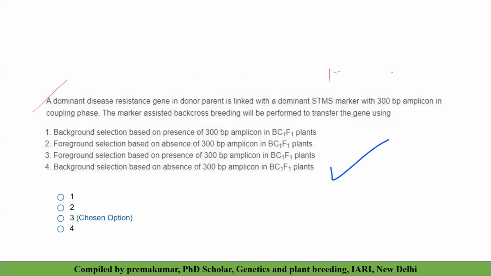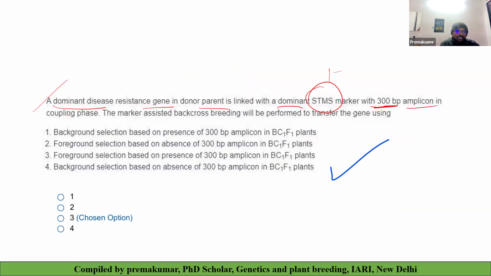Then, a dominant disease resistant gene in a donor parent is linked with a dominant STMS marker with a 300 base pair amplicon in a coupling phase. Means the dominant allele of the gene and the marker allele of the marker are in coupling phase. Marker assisted backcross breeding, MABB, will be performed to transfer the gene using.